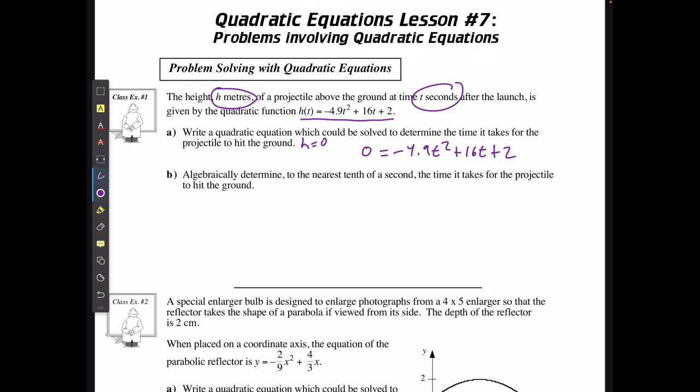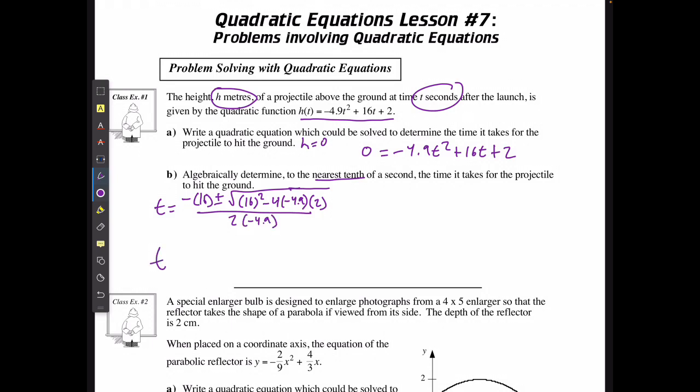If I'm algebraically determining to the nearest tenth of a second the time it takes for the projectile to hit the ground, then I'm going to say that, using my quadratic formula, t is equal to negative of my b value, 16, plus or minus the square root of 16 squared minus 4 times negative 4.9 times 2, all divided by 2 times negative 4.9.